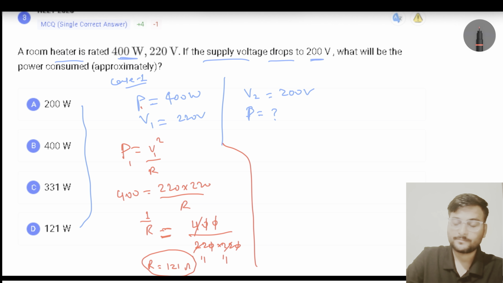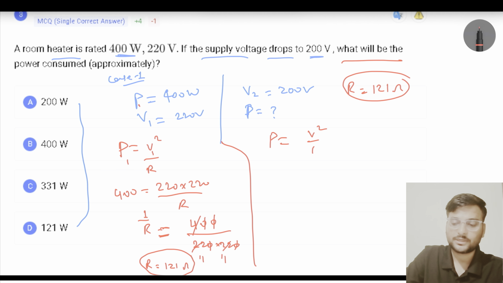This is the first case. The same R does not change because in the question they do not say that the material or the device is changing. So the device is the same, and if the device is the same, then the value of R here will also be 121 ohm. Okay, so then apply the power formula, that is V square by R. So we can say 200 into 200 divided by 121.